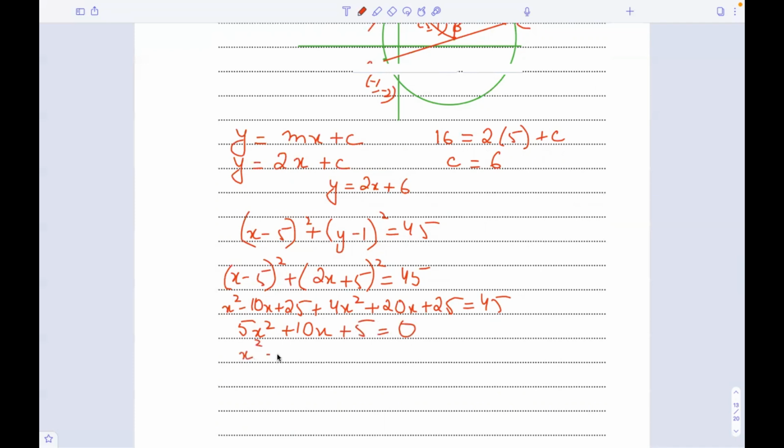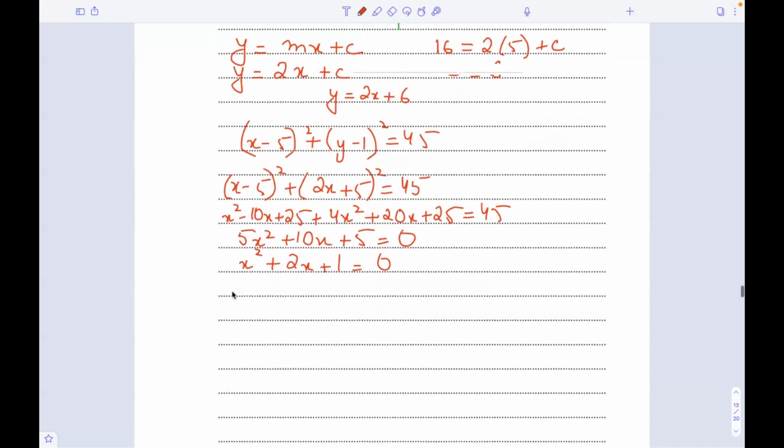We can simplify it down by dividing by 5 to get x squared plus 2x plus 1 equals 0, which factorises as (x plus 1)(x plus 1). As we have repeated roots, the x coordinate would be x equals -1.